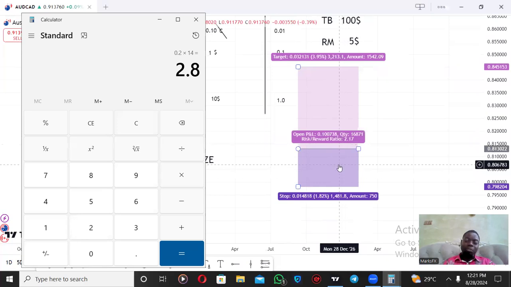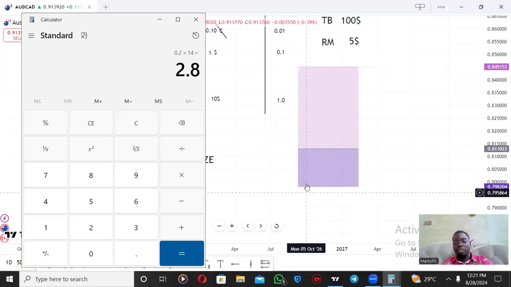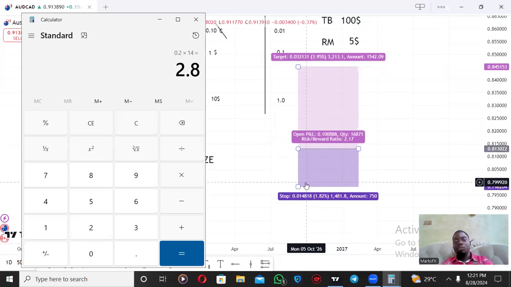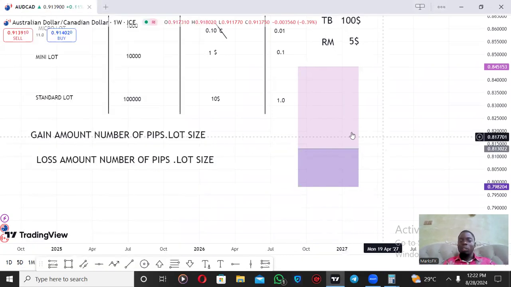That would be 10 point something dollars. So if you're using a 14 pips stop loss here, for instance, and price goes against you, you're going to lose $2.08. Then if the price moves in your favor, you're going to get $10. So it's something that we need to look into.